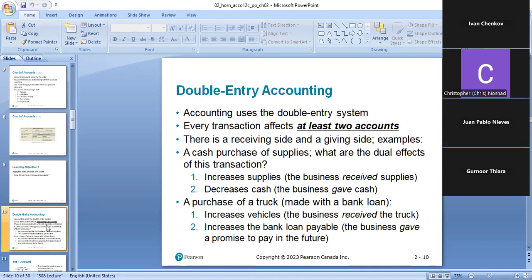Means that if something goes to drawer 1, that has to come from somewhere. So for that reason, one transaction is always going to involve 2 drawers. So that's why it's called double entry system.